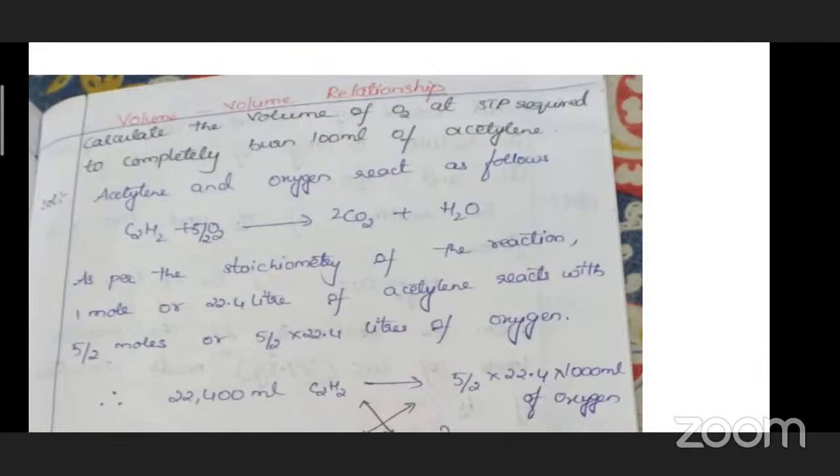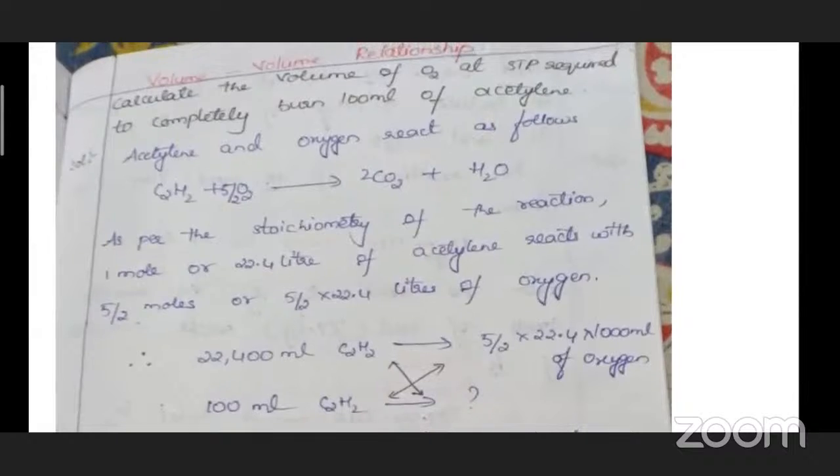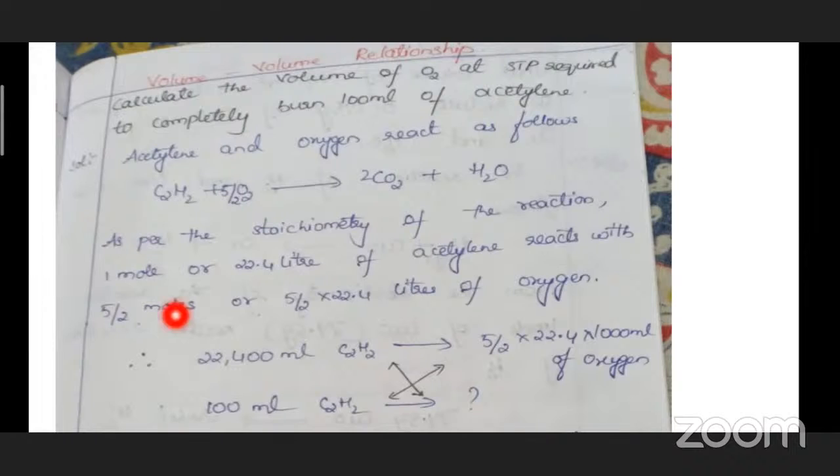Now, what is given? We are given 100 ml of acetylene and we are supposed to find out the volume of oxygen. So the relation between acetylene and oxygen we have to see now. 22.4 liters can also be written as 22,400 ml. So 22,400 ml of acetylene needs 5 by 2 into 22.4 into 1000 ml of oxygen.